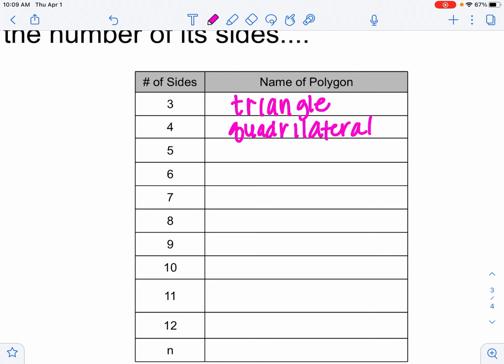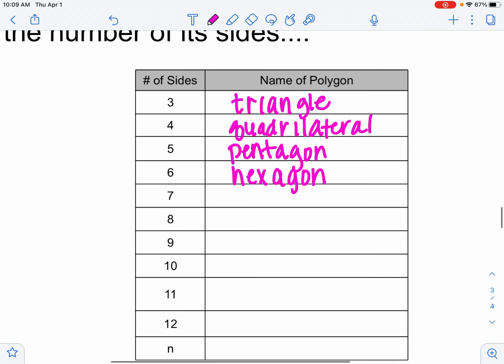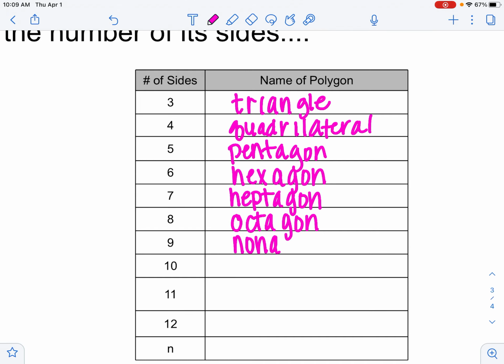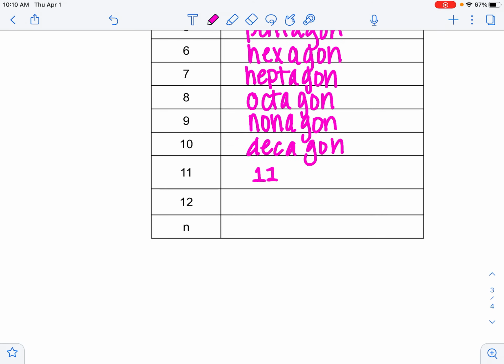So a quadrilateral is any 4-sided figure. 5 is pentagon. 6 is hexagon. 7 is heptagon. 8 is octagon. 9 is nonagon. 10 is decagon. 11 actually has a name, but we never use it, so we call it an 11-gon. 12 has a name, it's dodecagon.